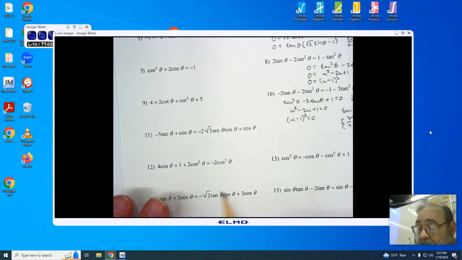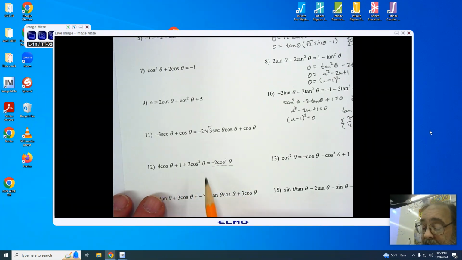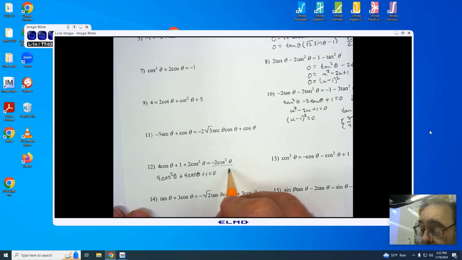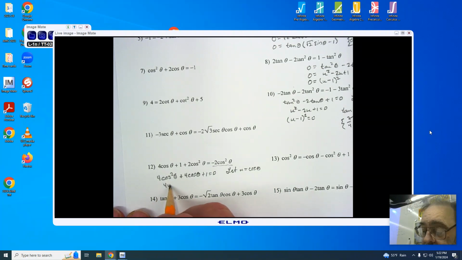Now, as we did before, notice I'm going to move this over. This is the negative 2 cosine squared theta, and I'm going to end up with a 4 cosine squared theta plus 4 cosine theta plus 1 equaling 0. I'm going to let u equal cosine of theta, and I therefore have 4u squared plus 4u plus 1 equaling 0, and I'm going to now factor.